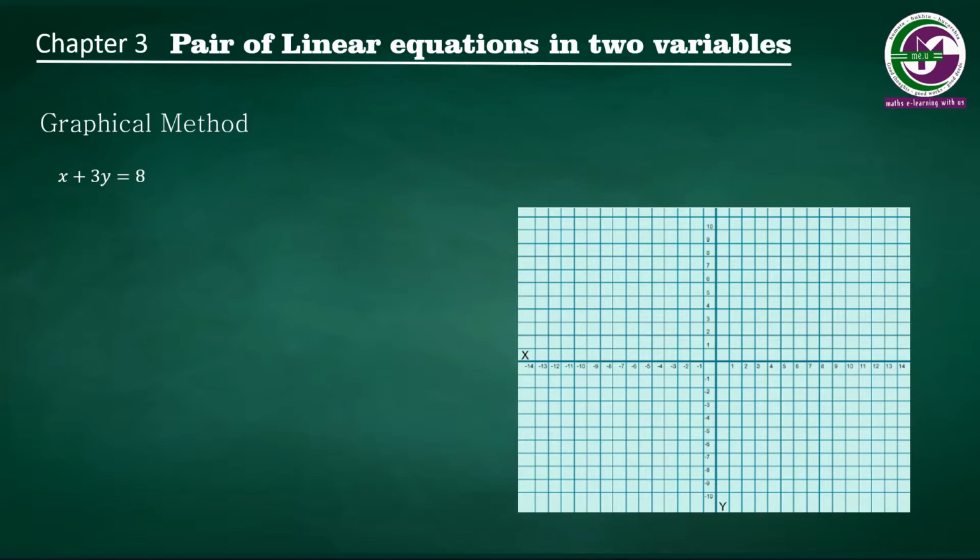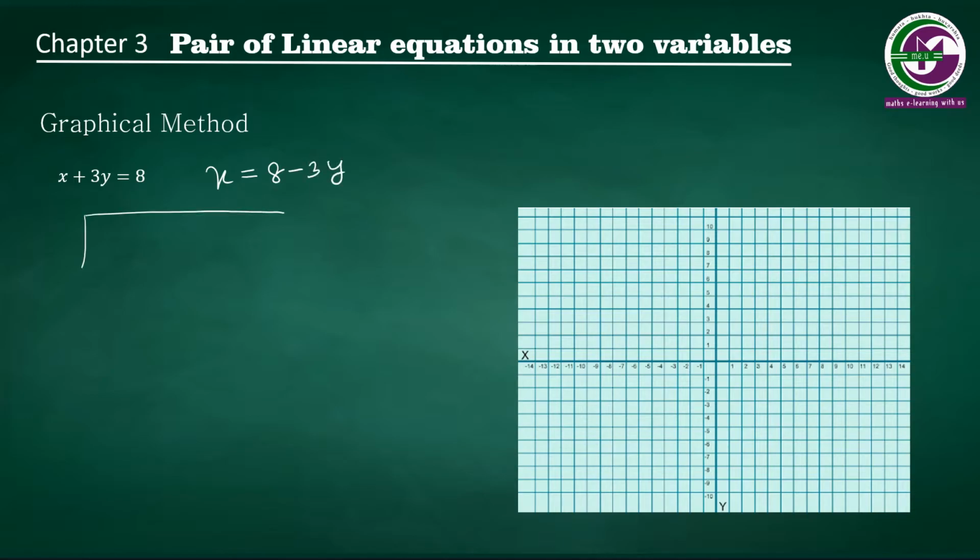The first example is x plus 3y equals 8. You have studied in class 9 how to find the solution of a linear equation in two variables and how to draw its graph. So we need to find a minimum of 3 or 4 pairs of solutions. Here I am rewriting this equation as x equals 8 minus 3y, so that I can solve it easily.